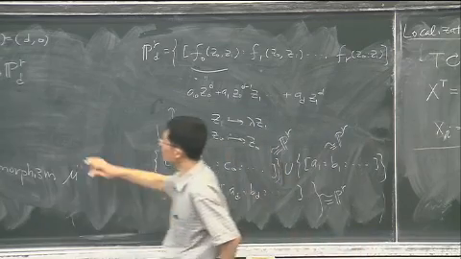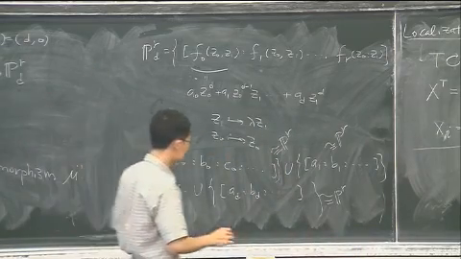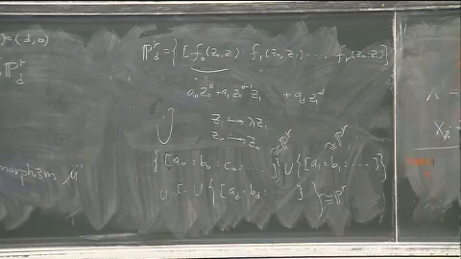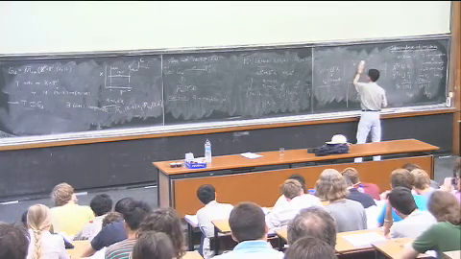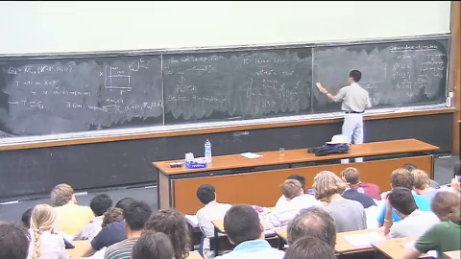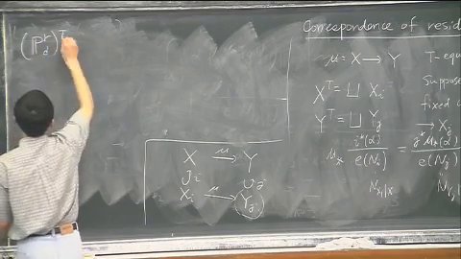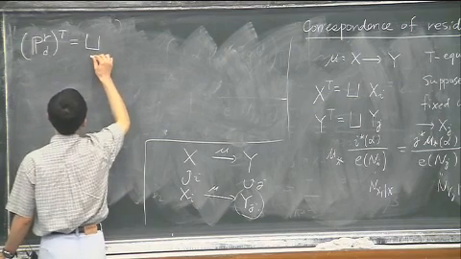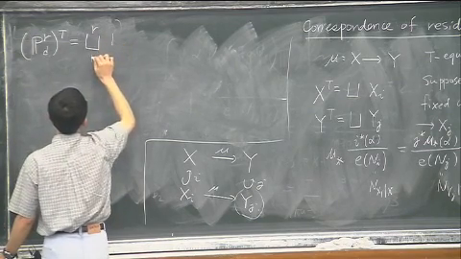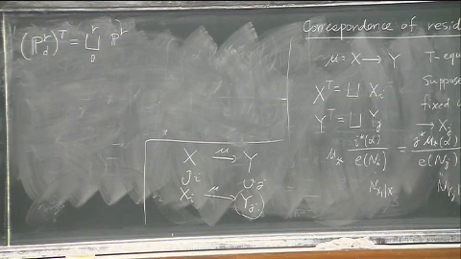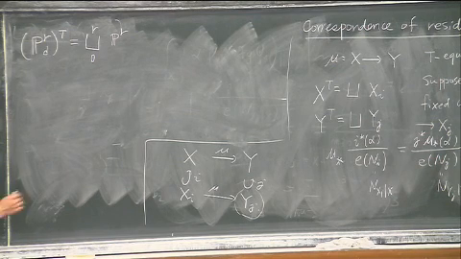So the fixed locus of this, which we've just shown, is R plus 1 copies of projective spaces. Sorry, not R plus 1, but D plus 1.